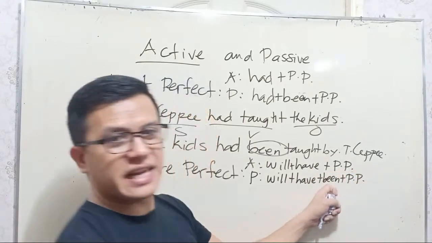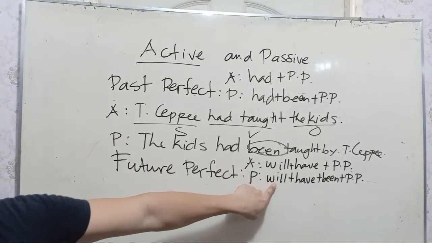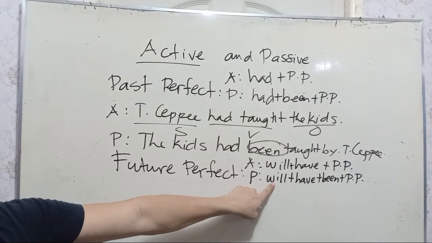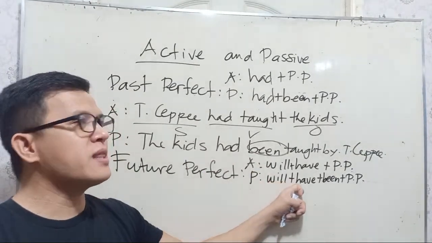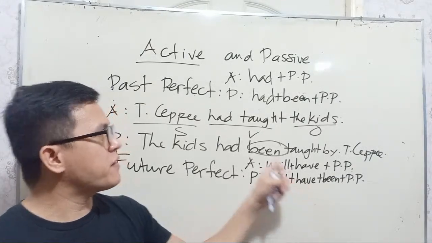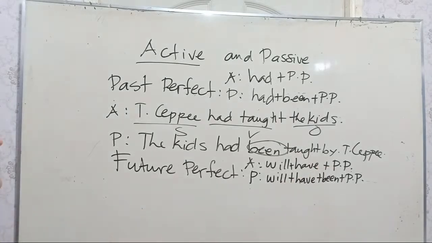We just add been again. Now, why only have, not has? Because this is paired with the helping verb will, and helping verbs or modals will always be paired with the base form of the verb. And the base form of has or have is have. That's why will have.